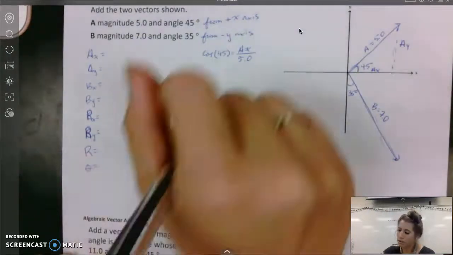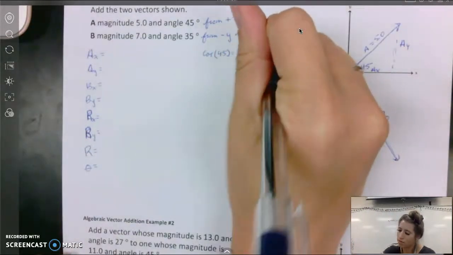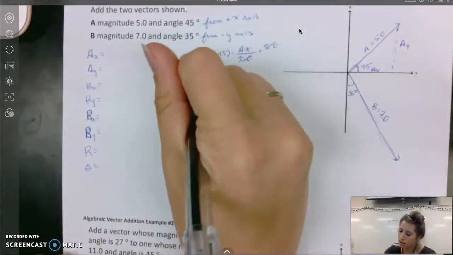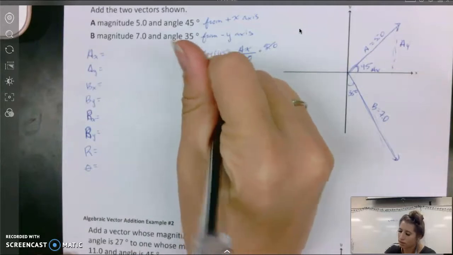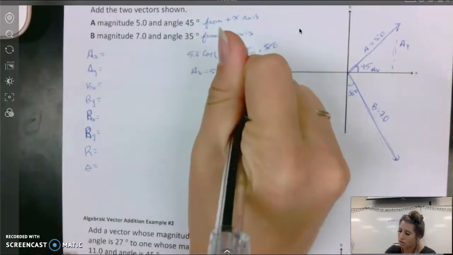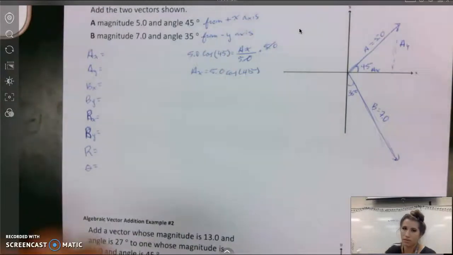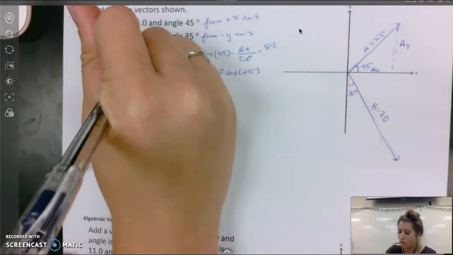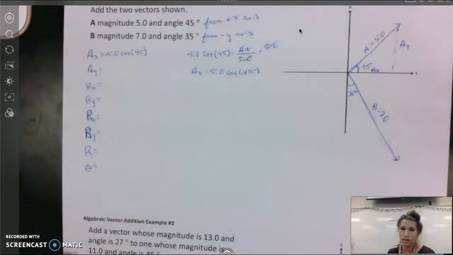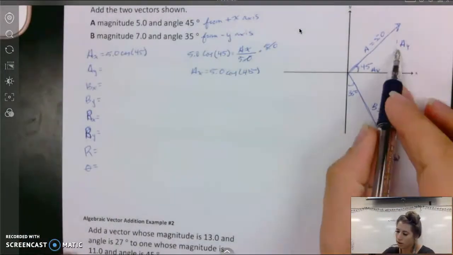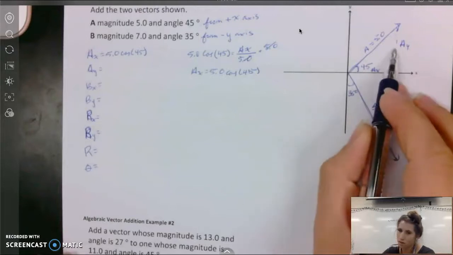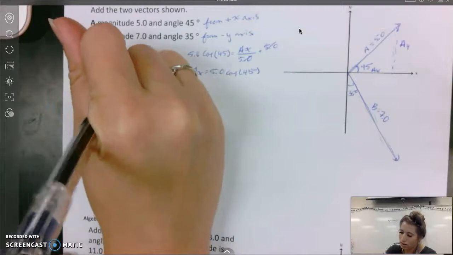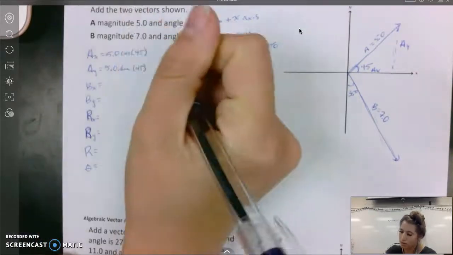So do you see how I can multiply both sides by 5? And then that tells me that a sub x is equal to 5 cosine 45. Okay. Now, a sub y, y is opposite. So instead of cosine, I'm going to use sine. So it's going to be 5 sine 45. Okay.